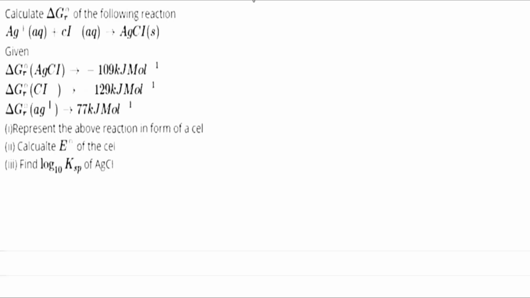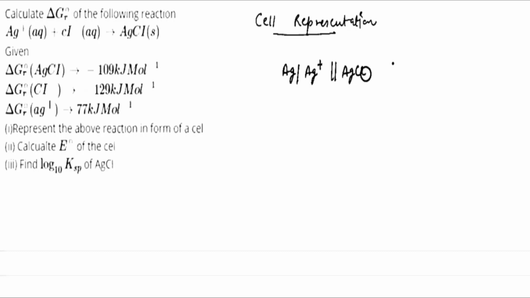So first of all, the cell representation: Ag is converting to Ag+, then AgCl electrolyte is used and Cl- is converting to Cl2. So this is the cell representation.